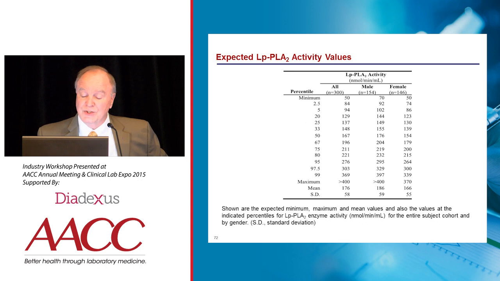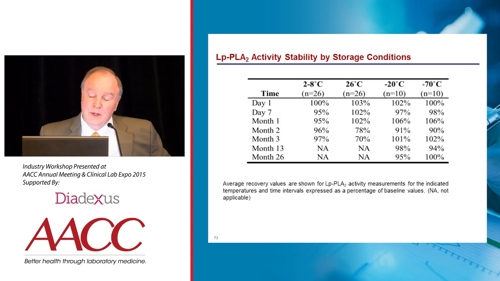And so this is pretty exciting. We've got a nice normal range. There is some difference, as you heard, between men and women, but for the most part we're going with one normal range.